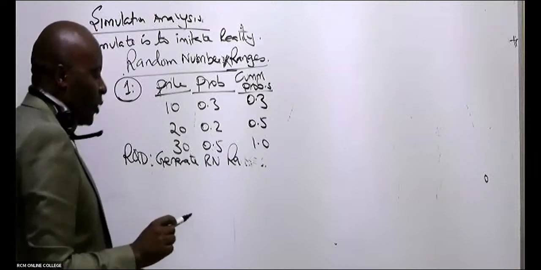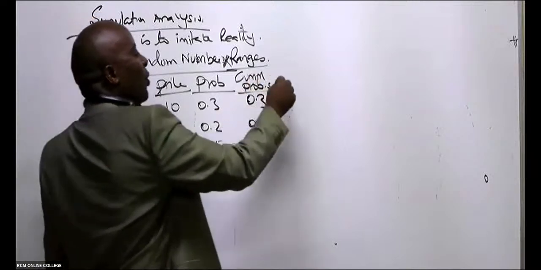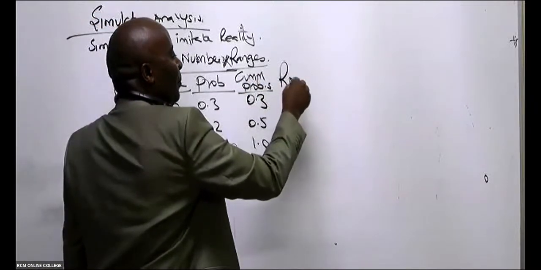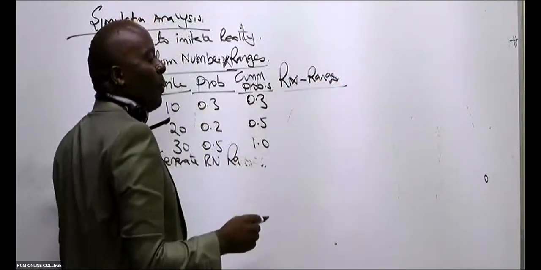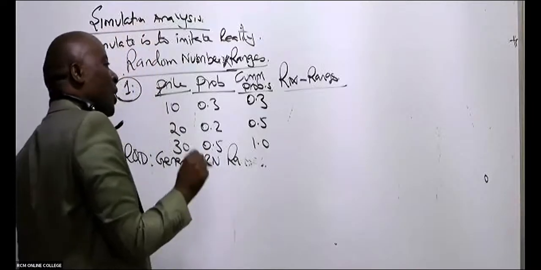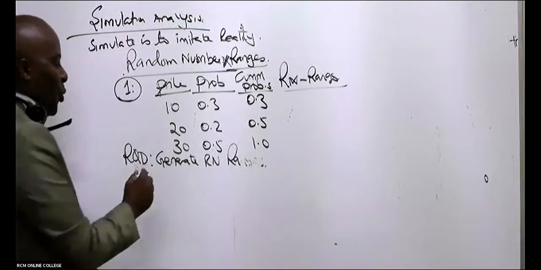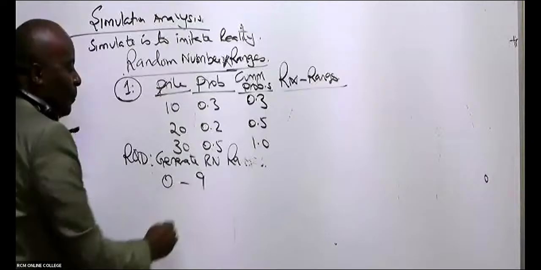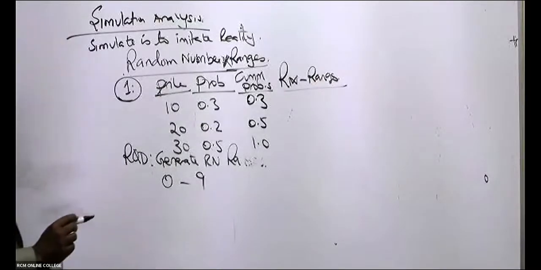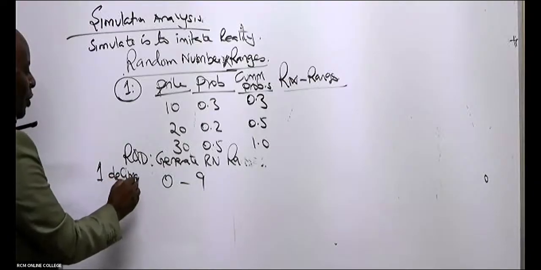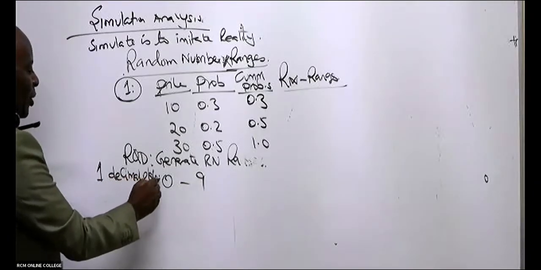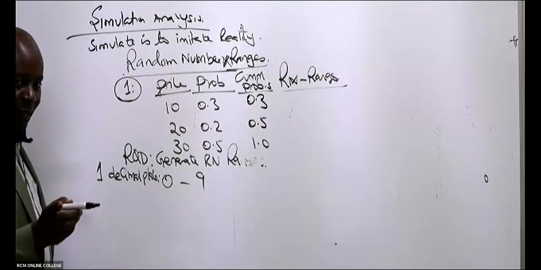Now from there, ladies and gentlemen, you'll be able to give us what we call random number ranges. So random number ranges, what do we have? Remember, these ranges begin from 0 to 9. This is when you have 1 decimal place. Whenever you have 1 decimal place, we have here 0 to 9.